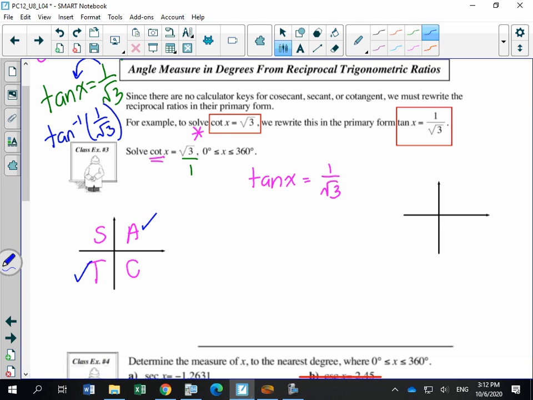Okay, in order to find the rotational angles, we need to go on to step 2, which is finding the reference angle. To find the reference angle, we take the inverse tan of 1 over root 3. And again, this domain restriction tells me to be in degree mode on your calculator.